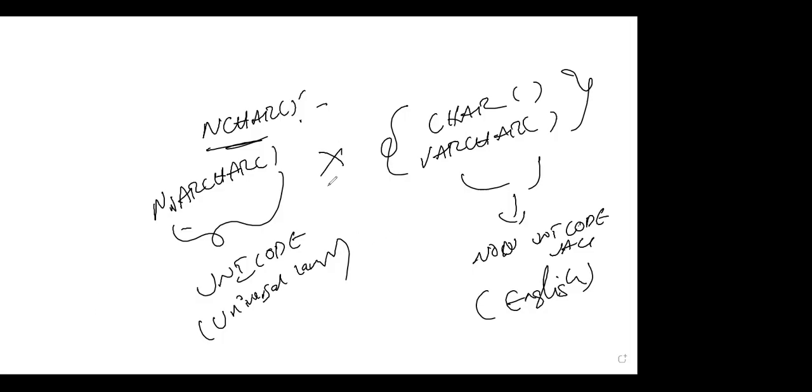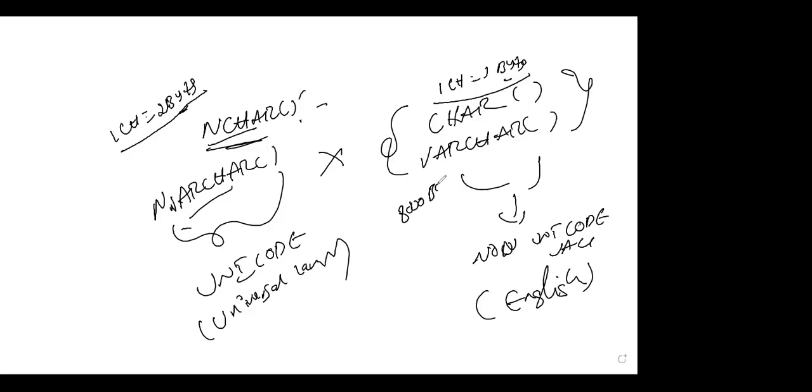There is one more major difference. In char and varchar, I told you 1 character is equal to 1 byte, correct? But when it comes to nchar and nvarchar, 1 character is equal to 2 bytes. So char and varchar store 8000 bytes, which means it can store 8000 characters.